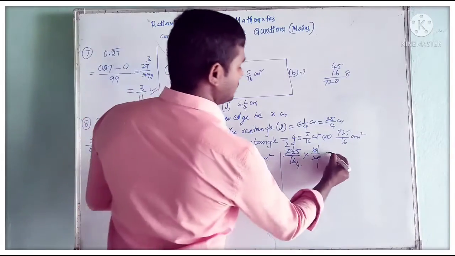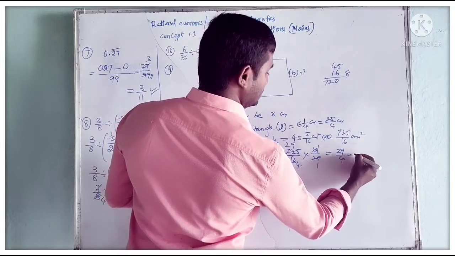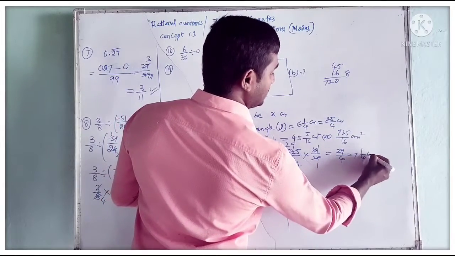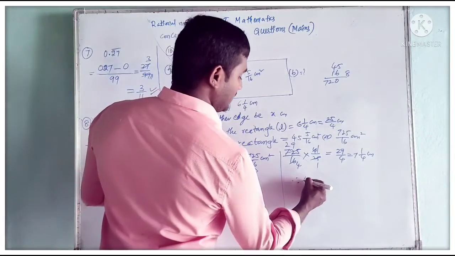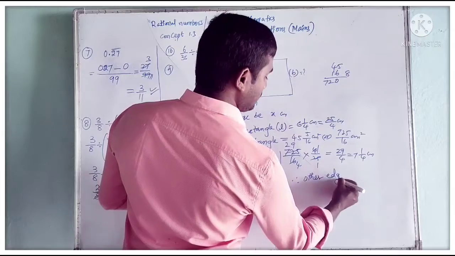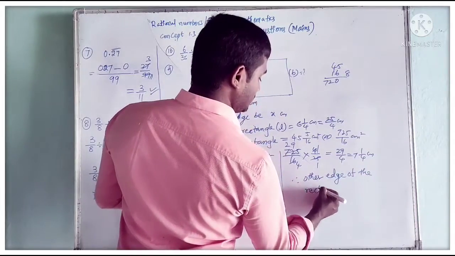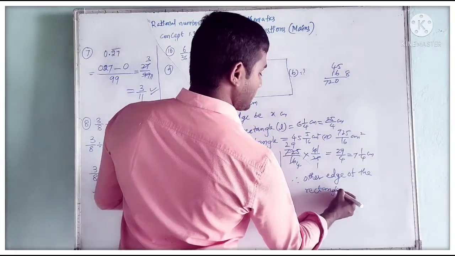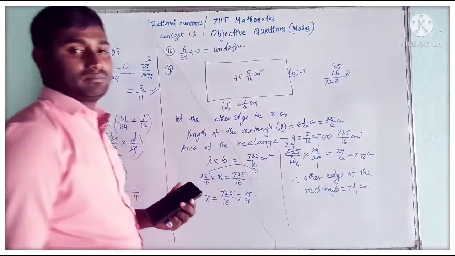So that is equal to 29 by 4. 29 by 4 is nothing but 7 1 by 4 centimeter. Therefore, the other edge of the rectangle equal to 7 1 by 4 centimeter.